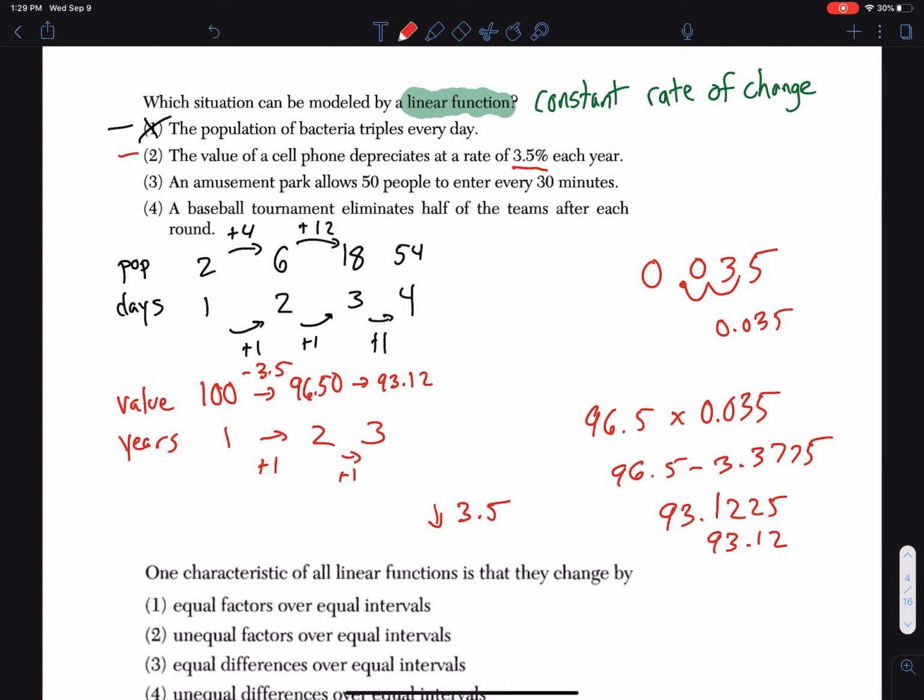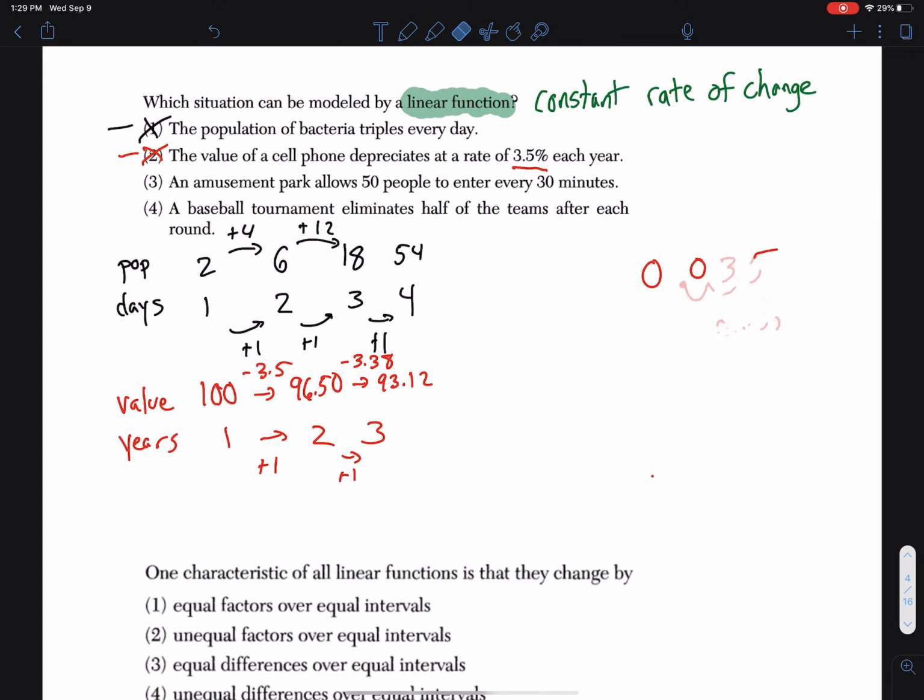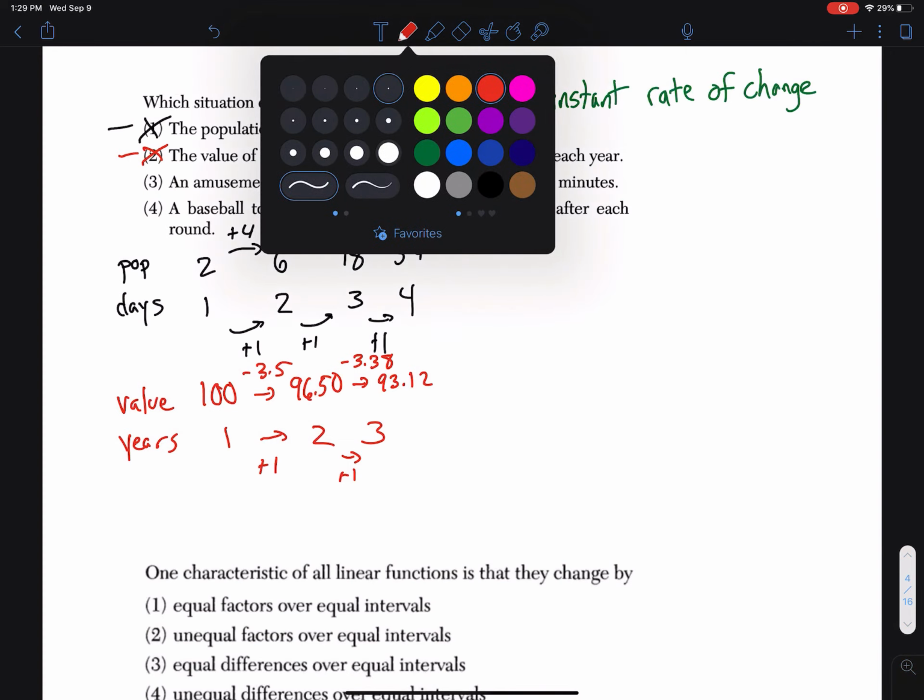And you'll see that difference is not the same. 96.5 minus 93.12, we're going down 3.38. Not a constant rate of change. So it's a lot of work for a percentage problem to see that. But if you just see percentage, just know it's never going to be linear because percentage changes depending on the number.